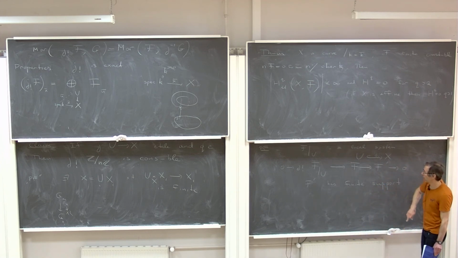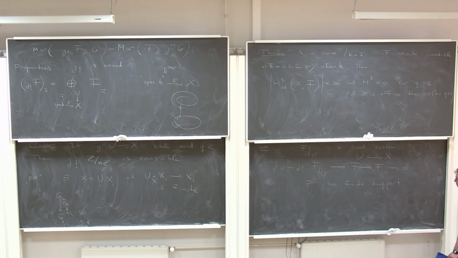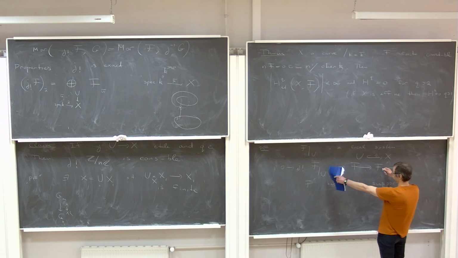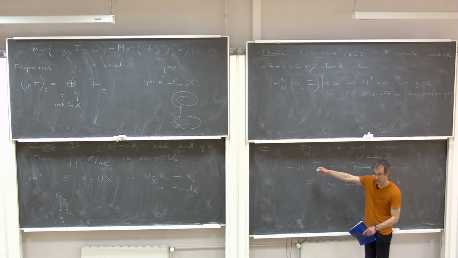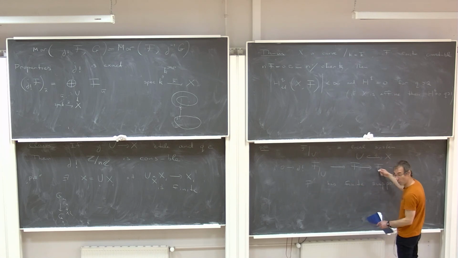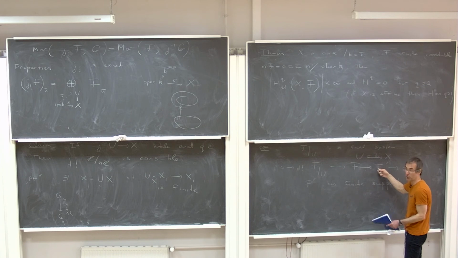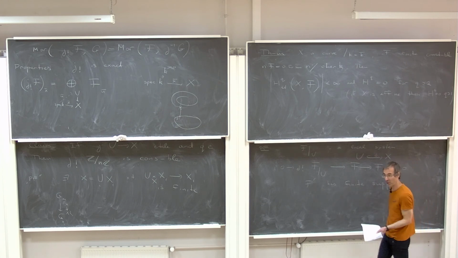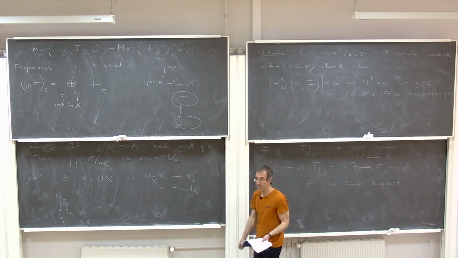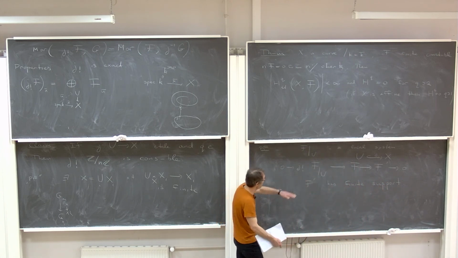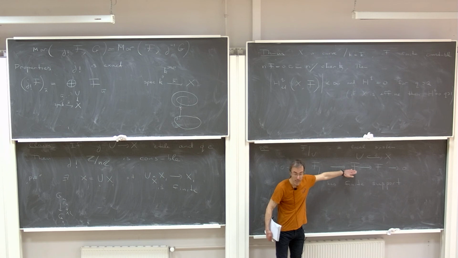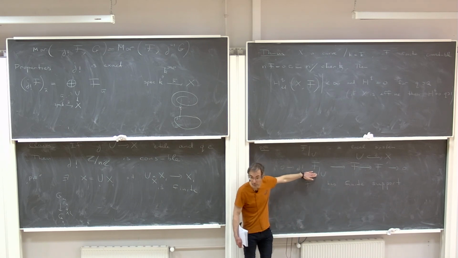So if you know the result for this sheaf, and you know it for sheaves supported at finitely many points, which reduces basically to nothing, since this is the cohomology of the spectrum of an algebraically closed field, then you know the result for F. So it suffices to prove the result for extension by zero of local systems.